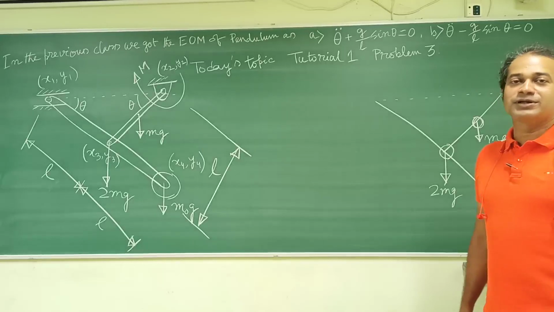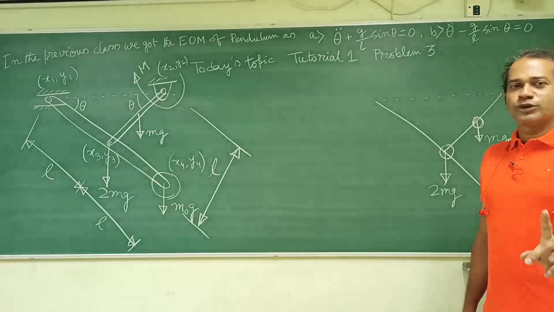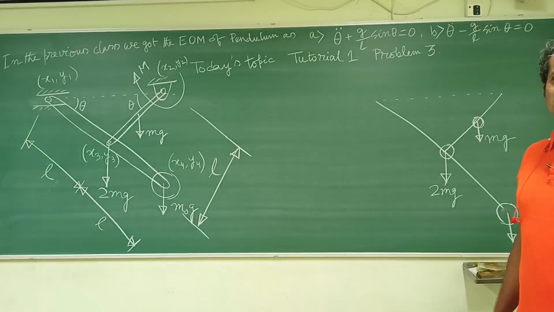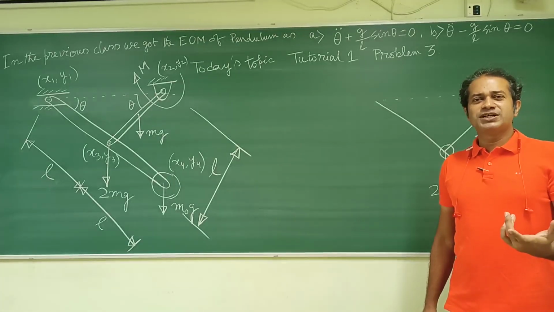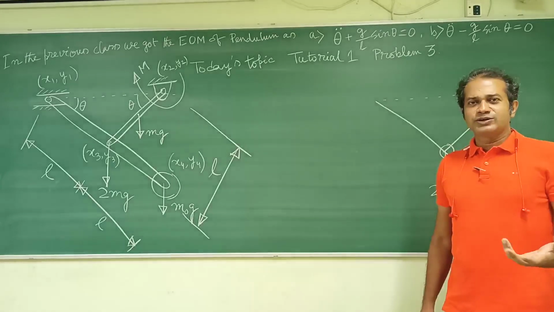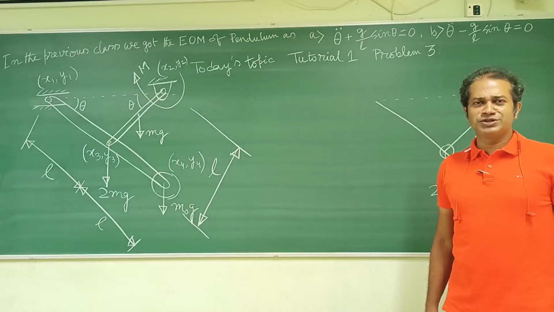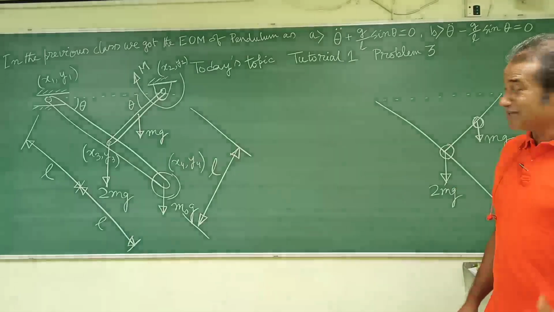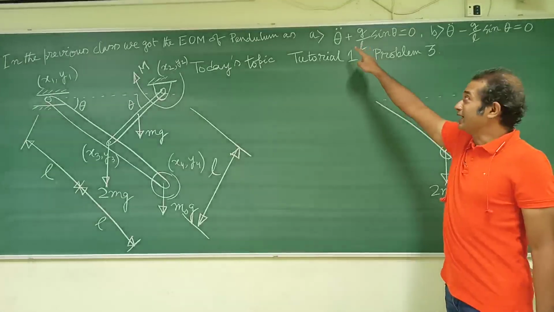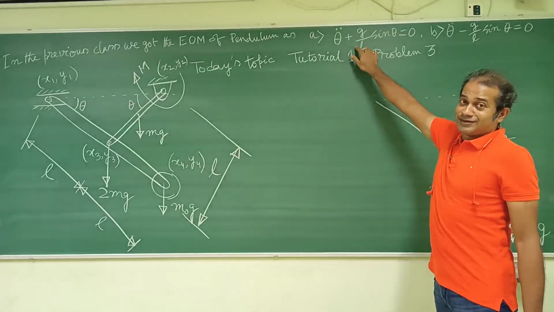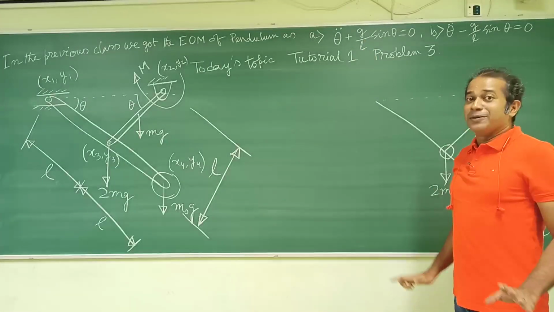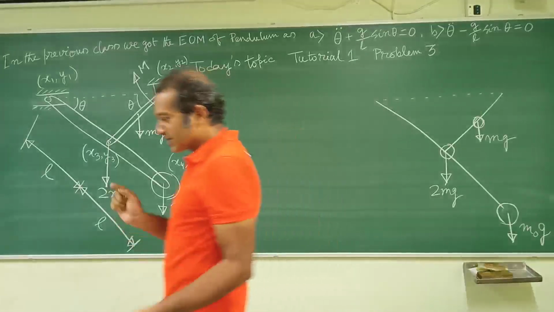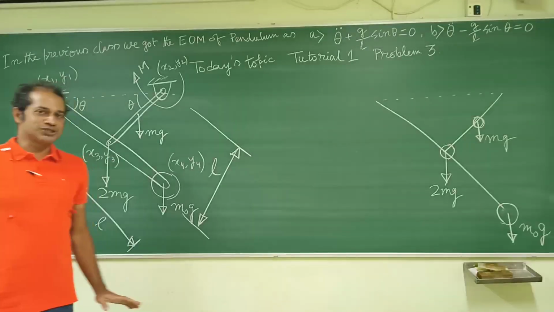In the WebEx class, some of you got the forces as something like 1500 Newton, and I told you that if you had derived 10 Newton, I am not going to deduct the marks. But if it is minus and you have written plus, total marks will be deducted, because the whole meaning is going to change with plus and minus.